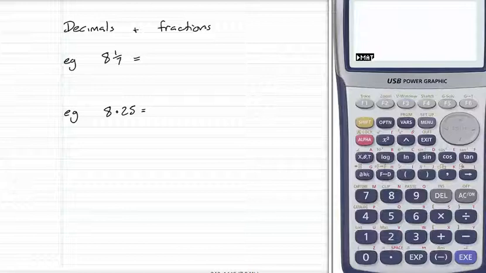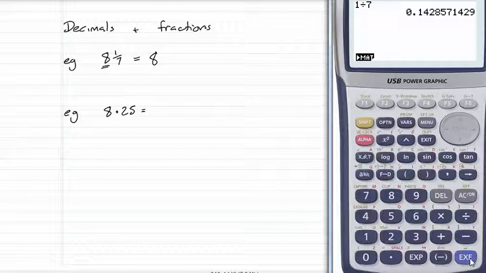decimals and fractions, when we've got mixed numbers, the whole numbers are just whole number parts of the decimal. So the 8 means 8. And then 1/7, 1 divided by 7, oh, what a complicated number, 1.428571429.